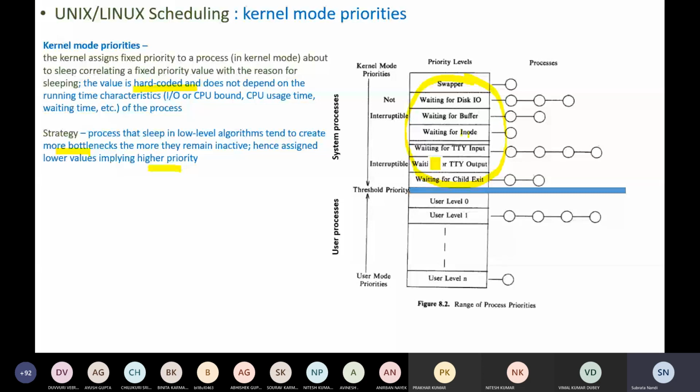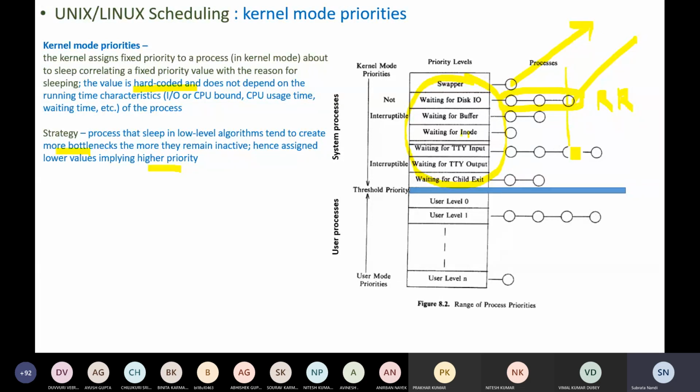So the idea is, as you can see here, in the kernel mode there are fixed priorities assigned, but still there can be multiple processes at that same level. So this is a round robin queue in each level, and the scheduler will assign a process from this level first, and if it is empty, then only it will take a process from the next level, like this.